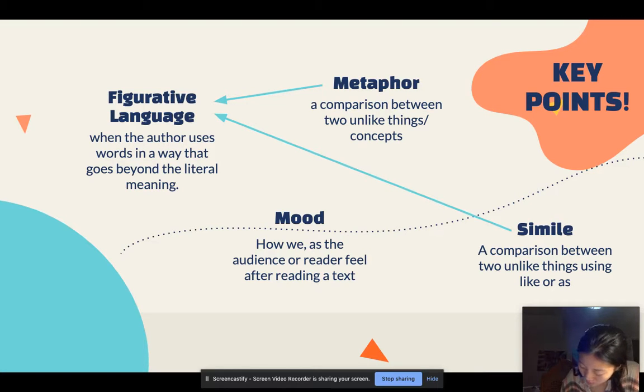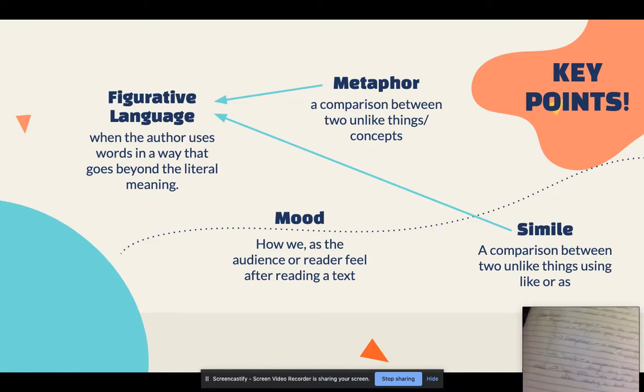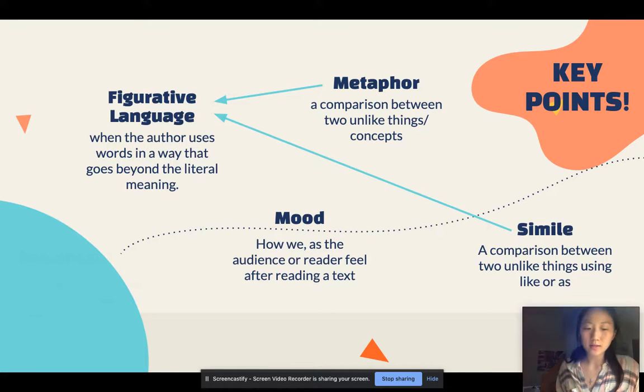How you, comma, the reader, feel after reading a text. Okay? That's what mine looked like.